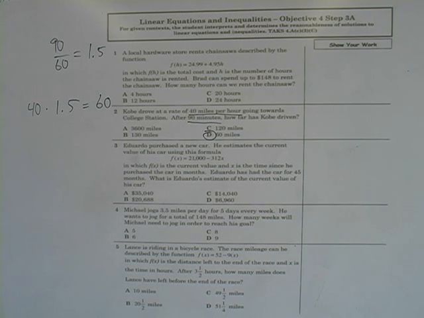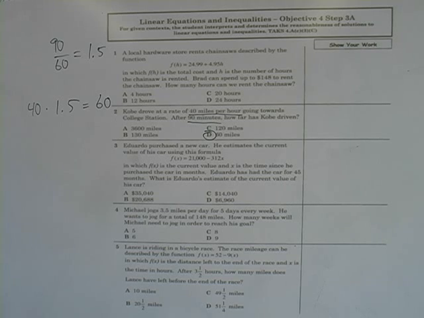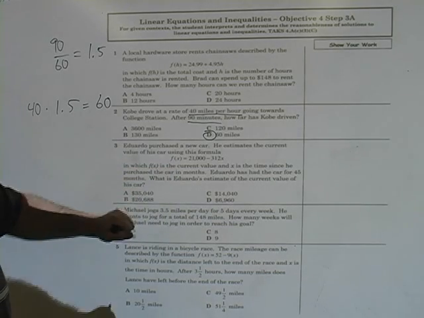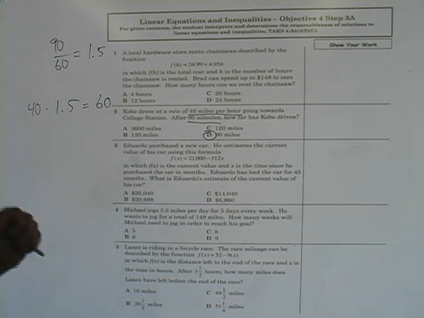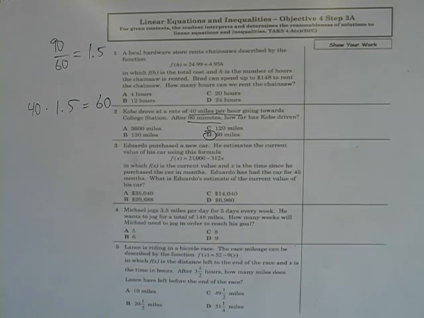Number 3. One of these answers is going to make this right. Eduardo purchased a new car. He estimates the current value of his car using this formula, in which f of x is the current value, and x is the time since he purchased the car in months. It says he's had the car for 45 months.